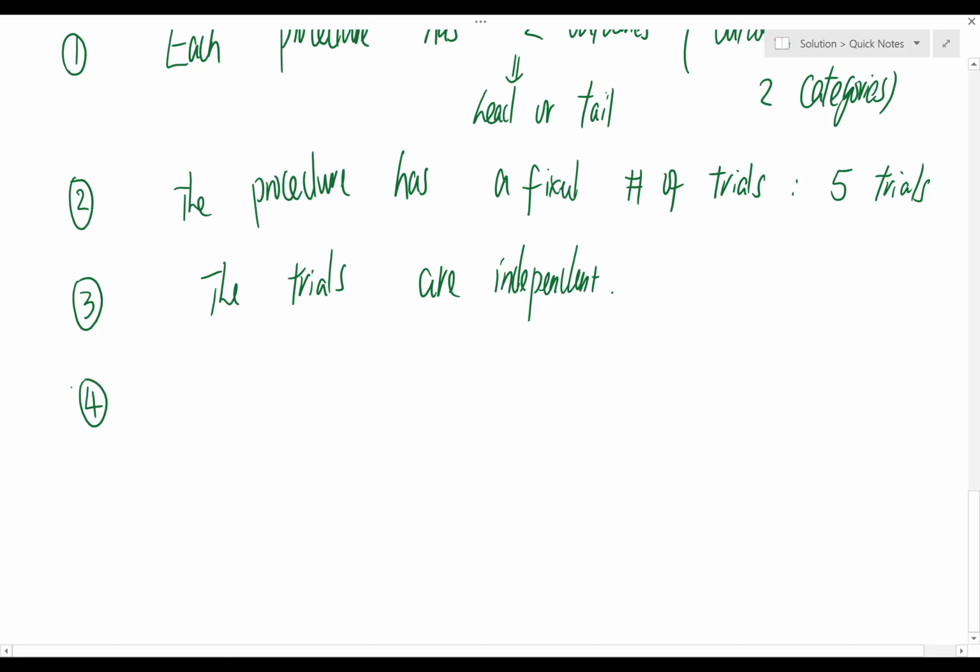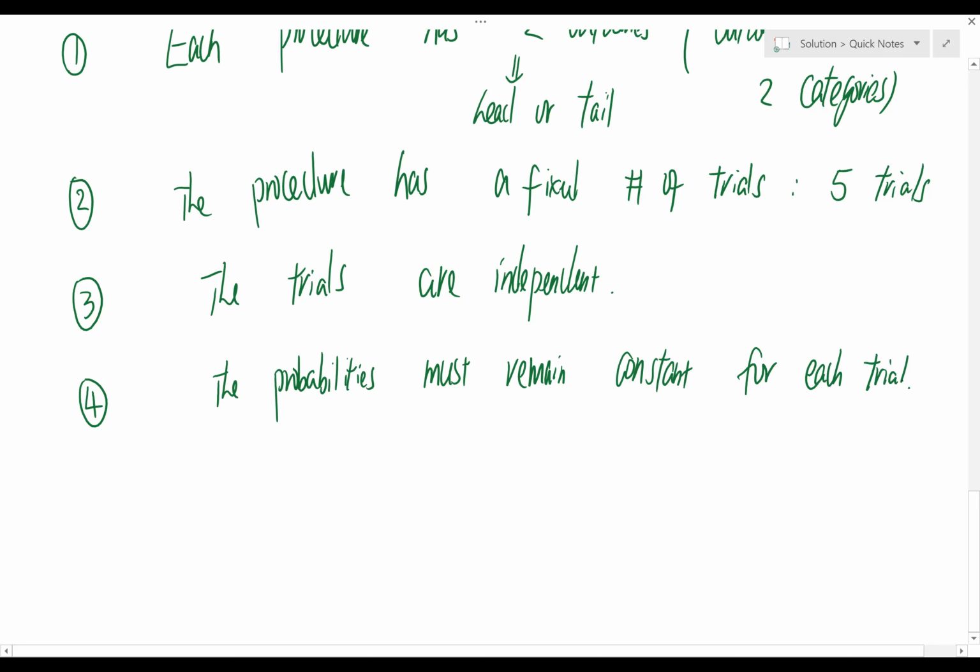And then also the probability of success or probability of failure, or probability of head and probability of tails here, must remain constant for each trial. Meaning probability of success, or probability of head or probability of tail here remain constant. They are both 50%.